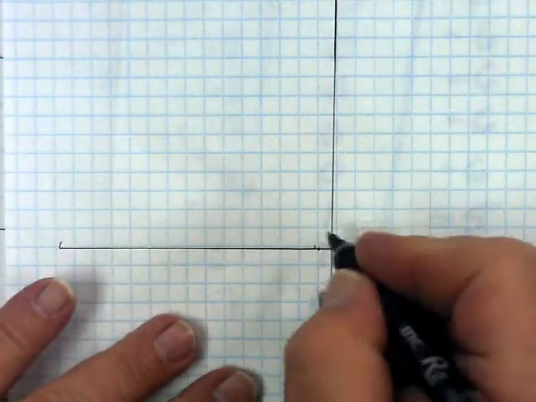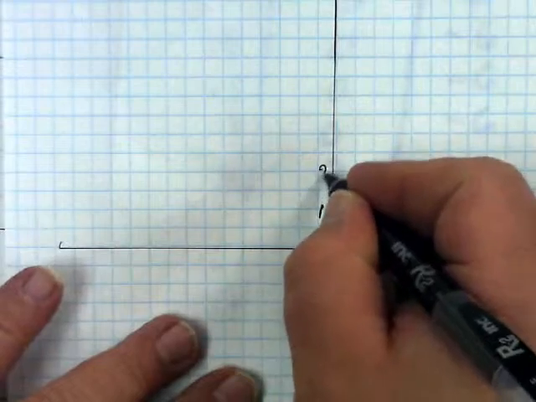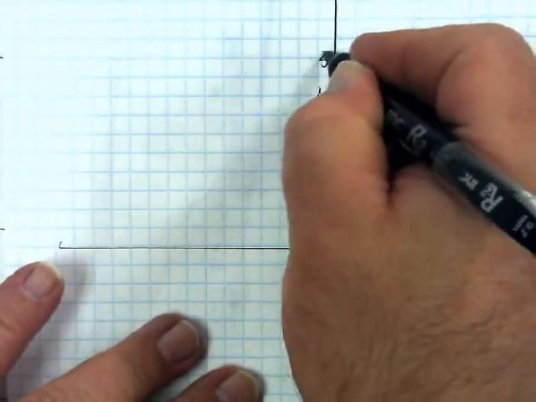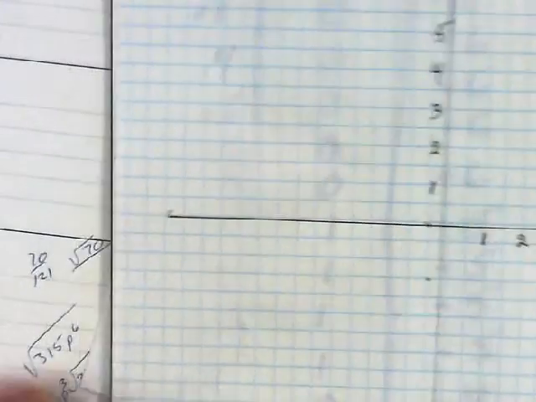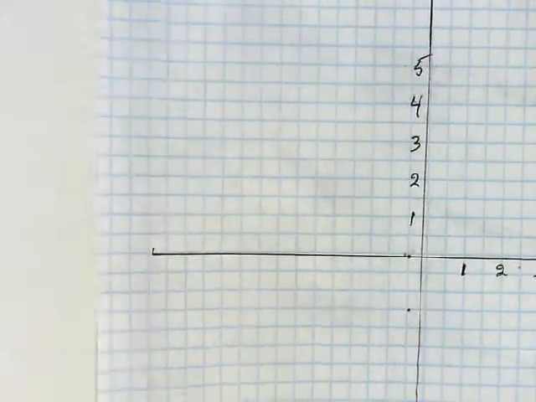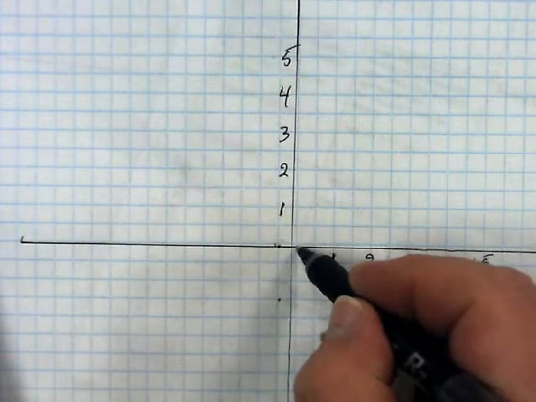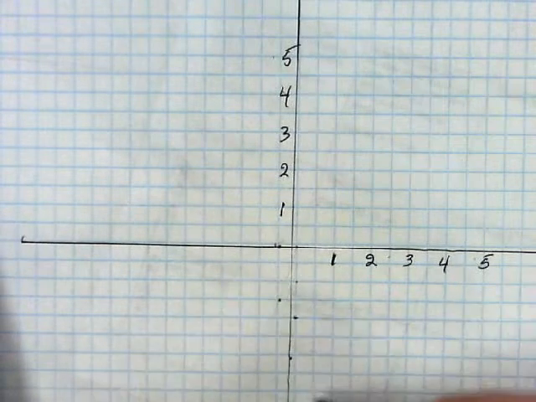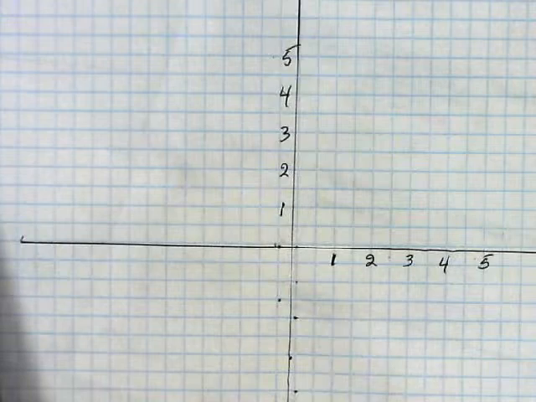Here's 1, here's 2, here's 3, here's 4, here's 5. This is on the y. Okay, the first point that I had that I tried to erase here was 0, negative 6, right? So 0, 1, 2, 3, 4, 5, 6 would have been right here. Correct?